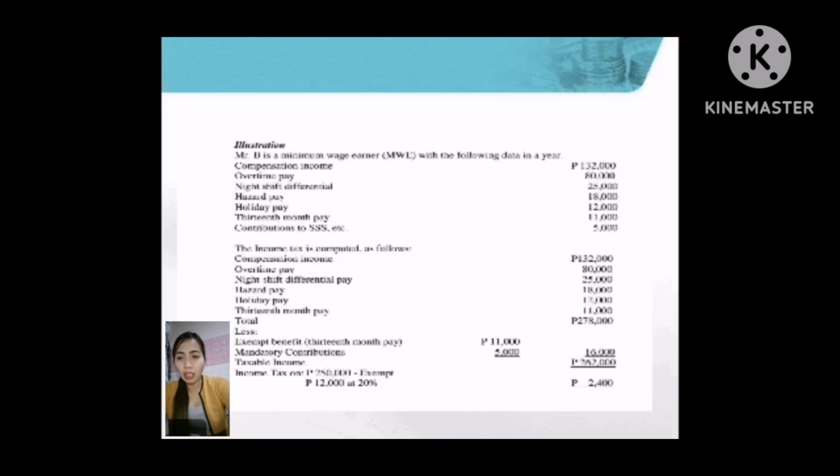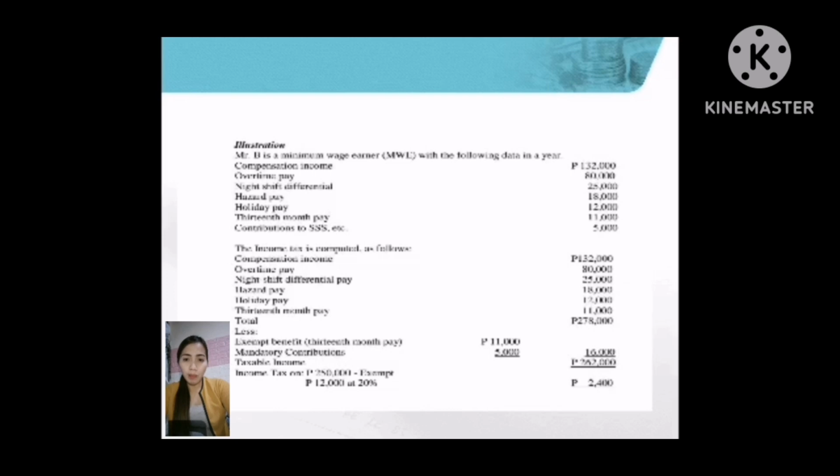Less mandatory contribution na 5,000, total of 16,000. So he has a taxable income na 262,000. So from that 262,000, so ang exempt po dun is 250,000. Ang taxable amount lang po ng kanyang income is 12,000. At 20% is 2,400.